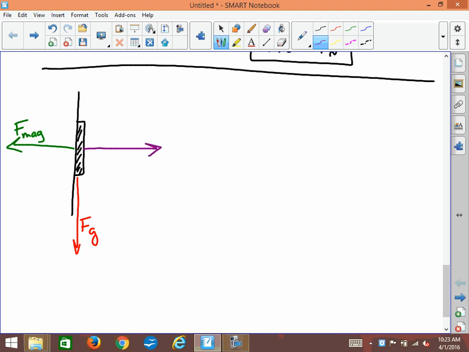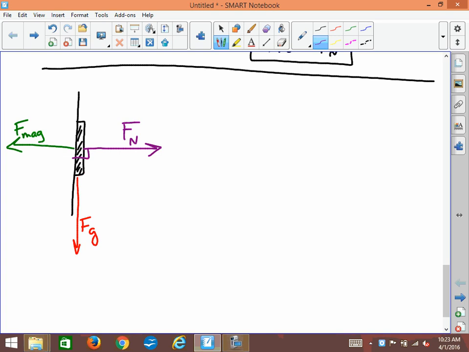And this would be the normal force. It's perpendicular to the surface of the fridge. And it is the force that balances out the magnetic force so that the horizontal, the F net x, would be 0, which keeps the magnet at a constant speed of 0, not moving.